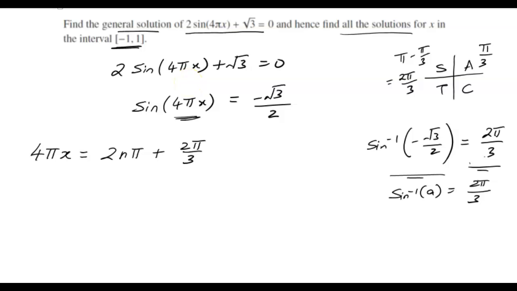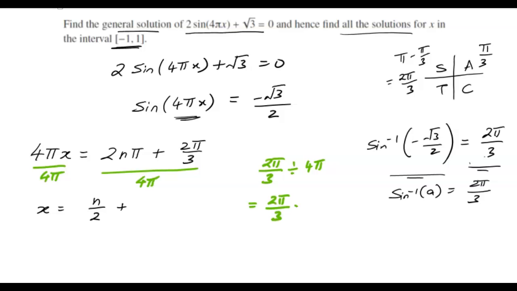If I make x the subject, which I can do by dividing both sides by 4 pi, I get x is equal to 2n pi on 4 pi, which is basically n over 2, plus 2 pi on 3 divided by 4 pi. If I convert that into multiplication, it is times 1 over 4 pi.